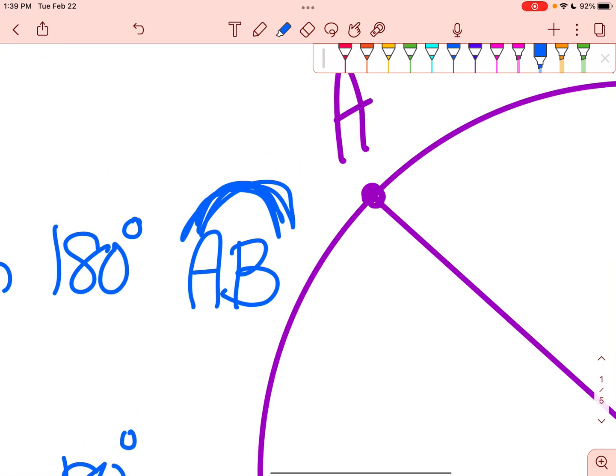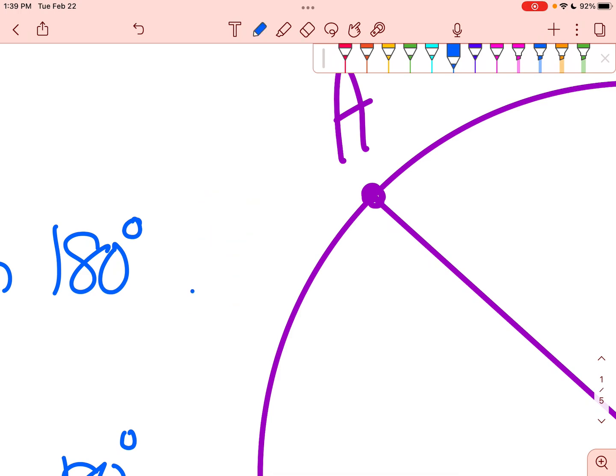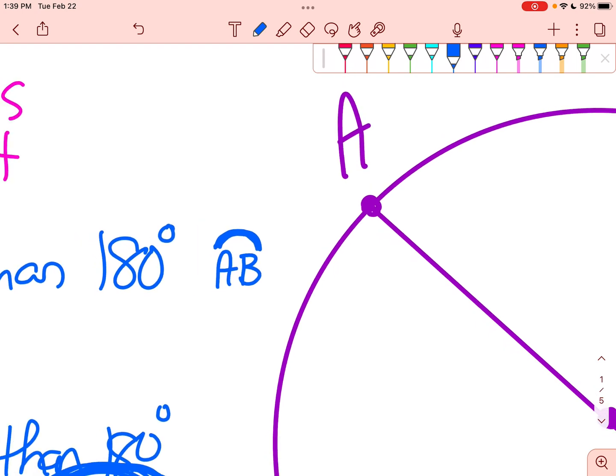Previously, I know that you have seen AB as a segment. I know you've seen AB as a line. When we're talking about an arc, we put an actual arc above it, kind of like a half circle looking thing.